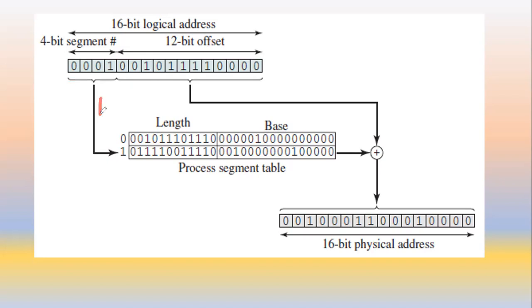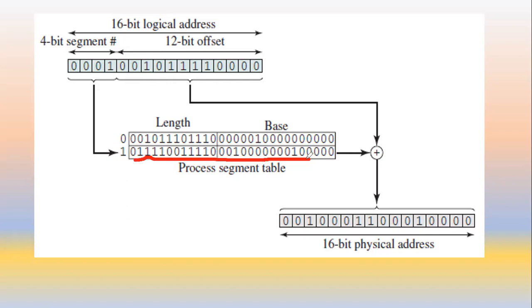From there, we use that 1 as our index in the process segment table. So we come to index number 1. From there, we read the content in that table, that is the length part and the base part.